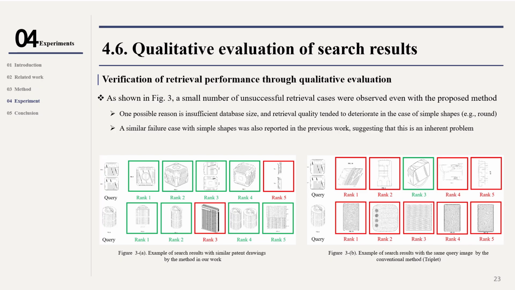A similar failure case with simple shapes was also reported in the previous work, suggesting that this is an inherent problem. As you can see in Figure 3, the proposed method captured more similar images than the triplet model, which is the conventional method.